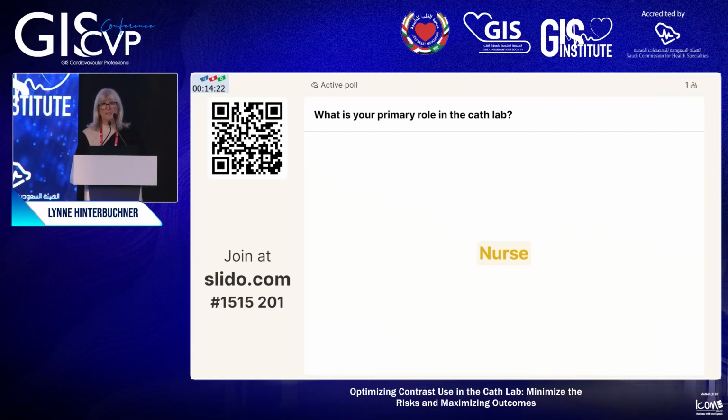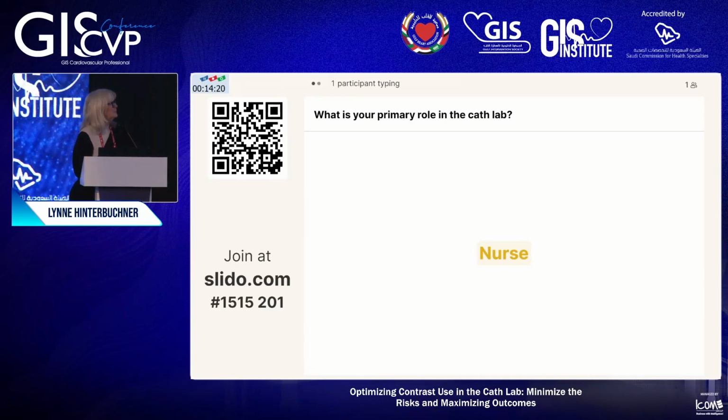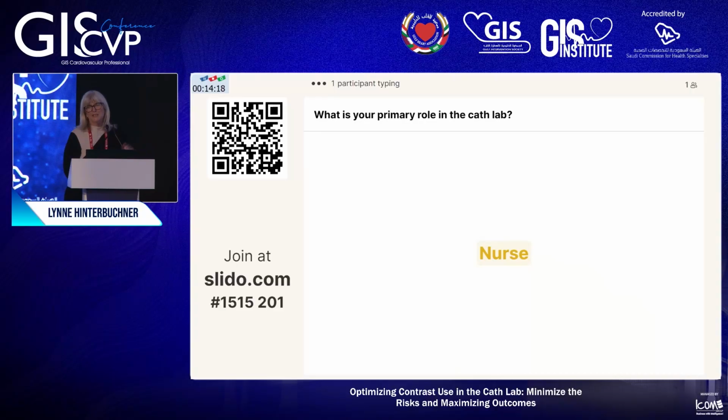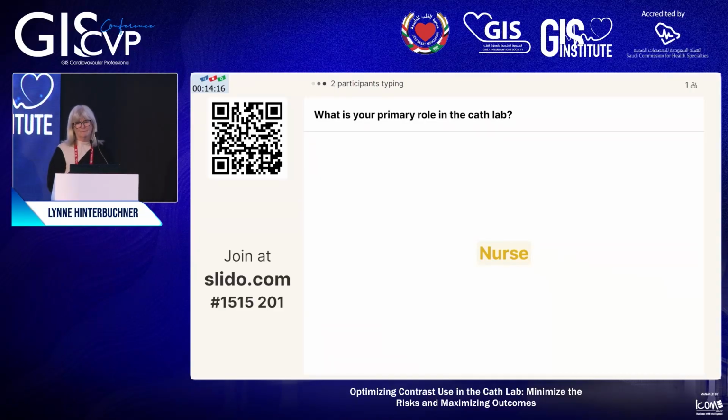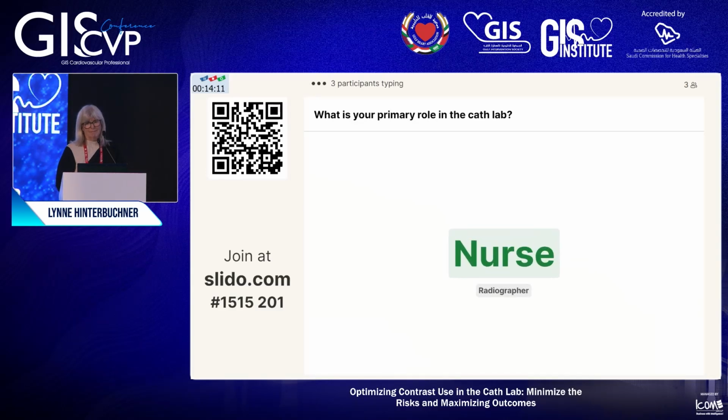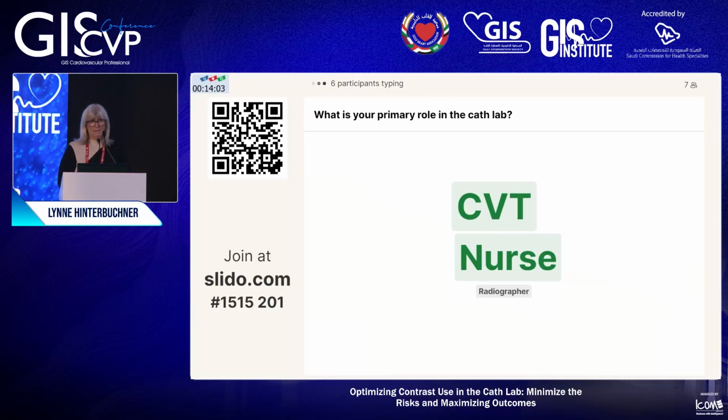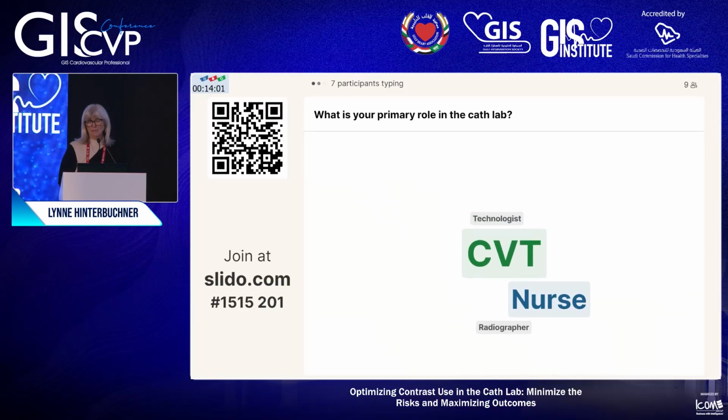And let's see who's in the audience today. As you can see, you can use whatever language you want. You guys get it? Oh, we got a radiographer. There's only one radiographer. There must be more. Nurses, techs, CVT, yeah. Anybody else? Technologist.